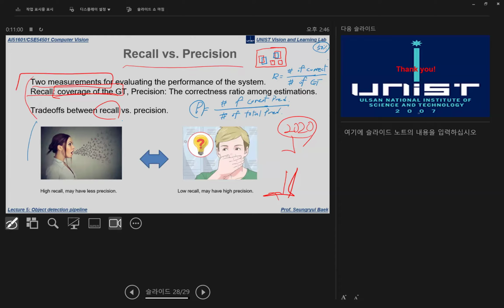So here I have two figures. We can view an AI system as a human.